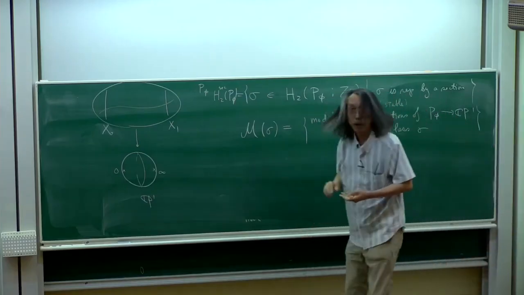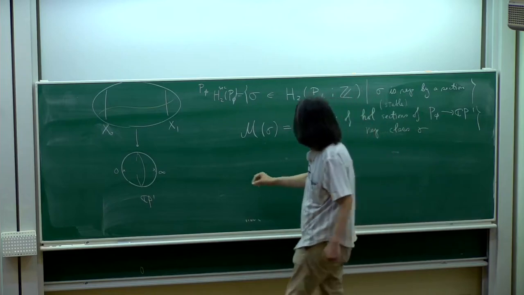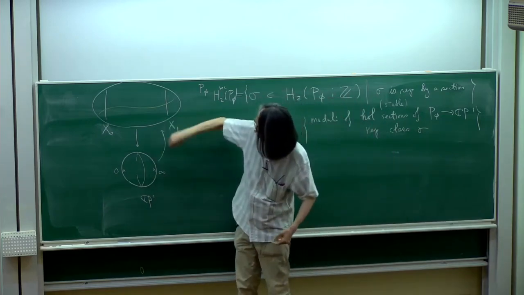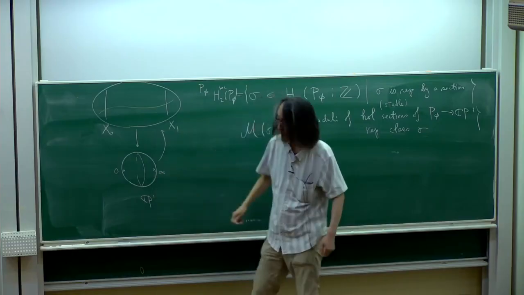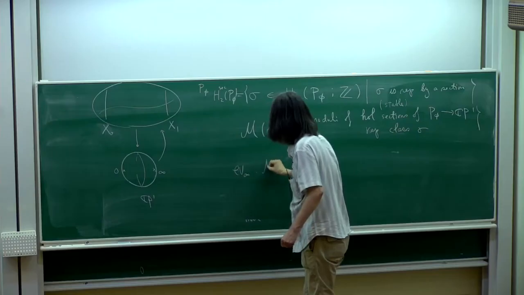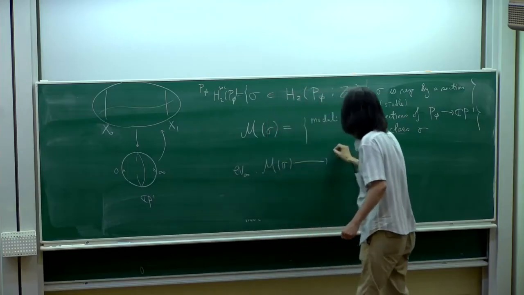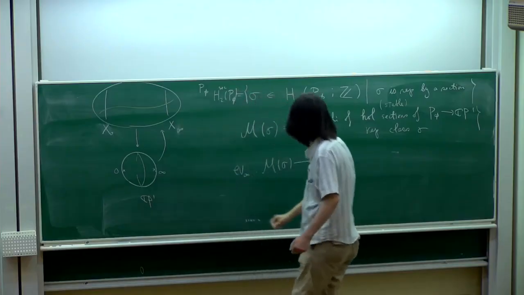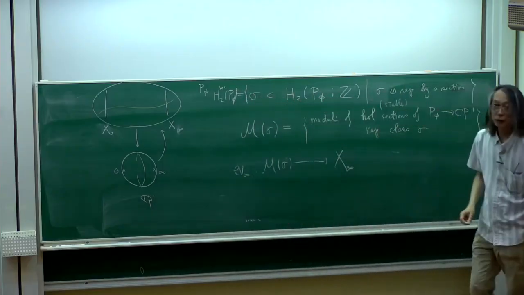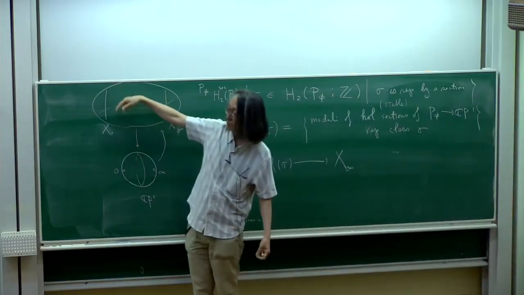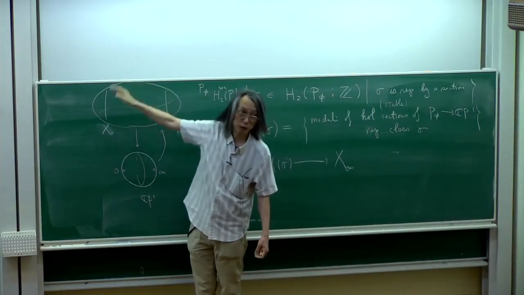So you have this. And then because this one is parameterized by this fixed domain, we have a map from M sigma to X infinity. Okay? So I don't put any constraint on this fiber over X0. It can be moved anywhere.